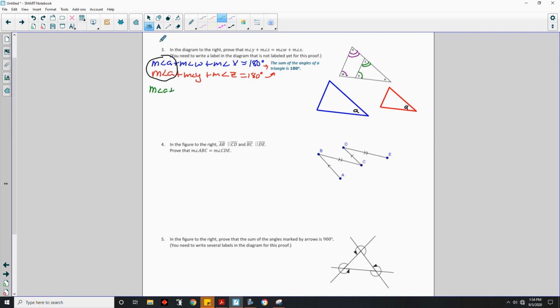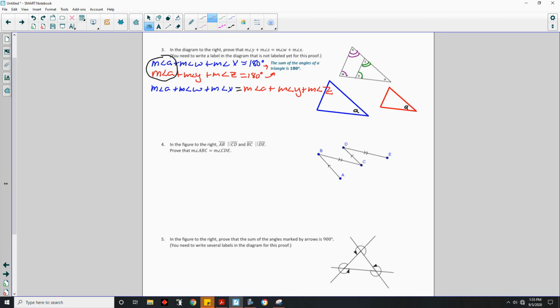Let me keep the colors. The measure of angle A plus the measure of angle W plus the measure of angle X equals the measure of angle A plus the measure of angle Y plus the measure of angle Z.